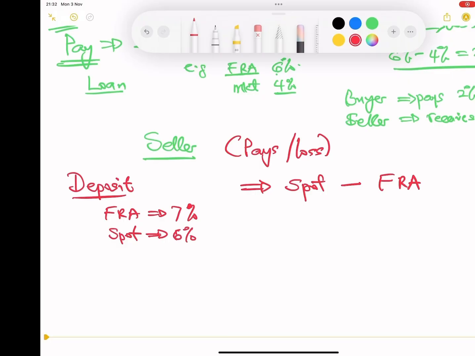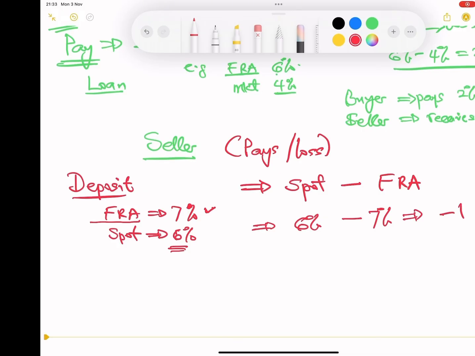It means you're going to be excited to say, yes, I knew the rate will come down. That is why I fixed at 7%. Look at it. Market is doing 6%, but it's no more my problem because I already had a rate fixed at 7%. And that is why, if you see how much this guy is going to pay, spot is 6% and FRA is 7%. So this is a -1.